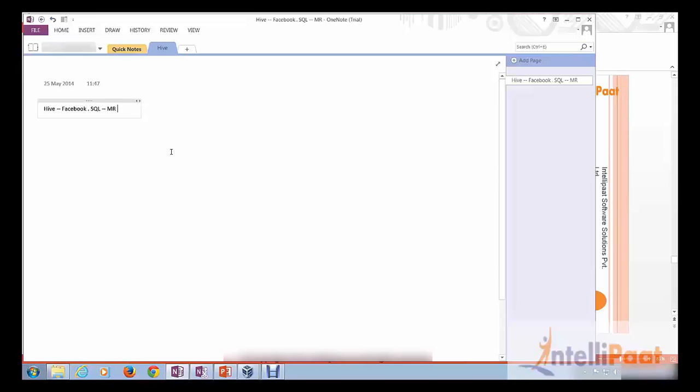So they built an engine that converts SQL queries into MapReduce code. That's how Hive came into existence. You write an SQL-like query, which gets converted into MapReduce code.